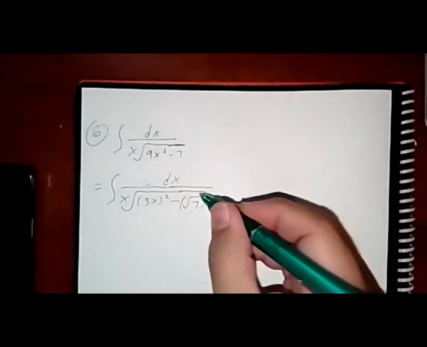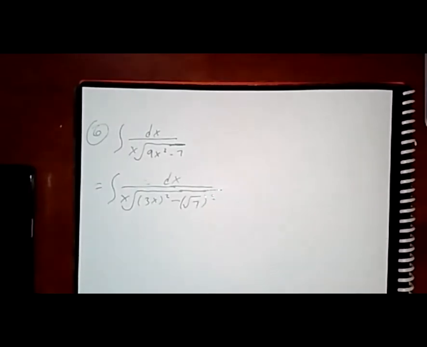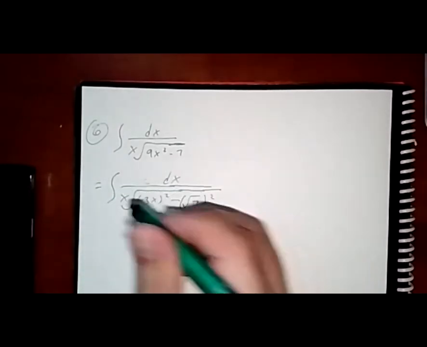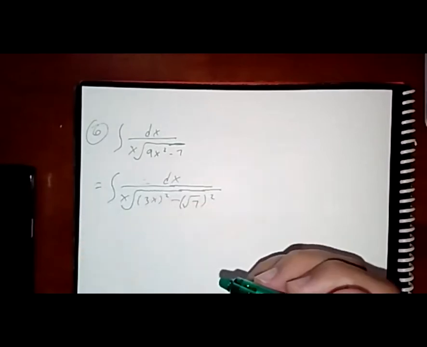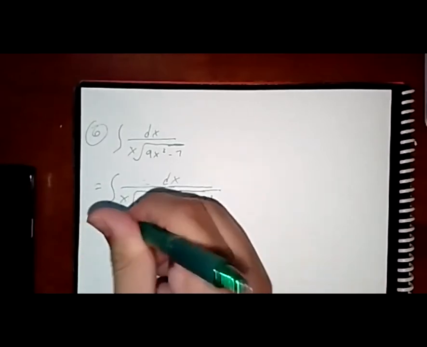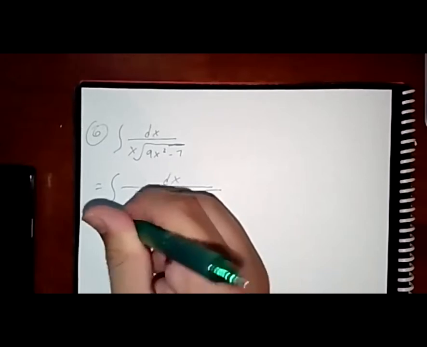Right? That x is outside the square root. Yeah, it's just times the root. It's not the actual root. It looks like you're right.